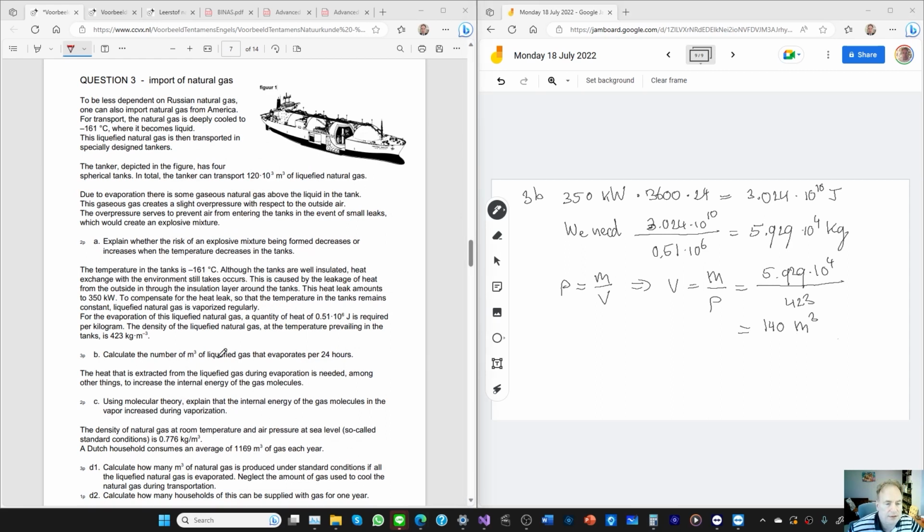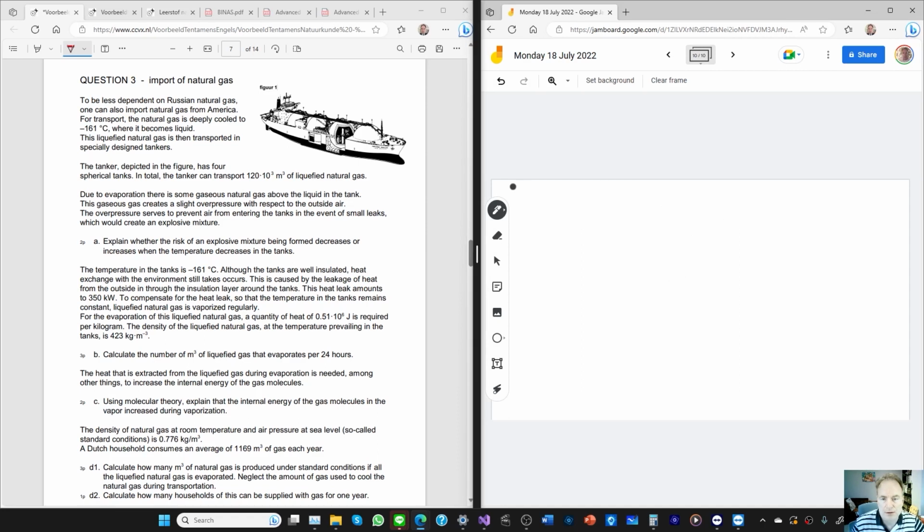The heat that is extracted from liquefied gas during evaporation is needed, among other things, to increase the internal energy of the gas molecules. Using molecular theory, explain that the internal energy of the gas molecules in the vapor increased during vaporization. So that's kind of a general kinetic theory explanation?